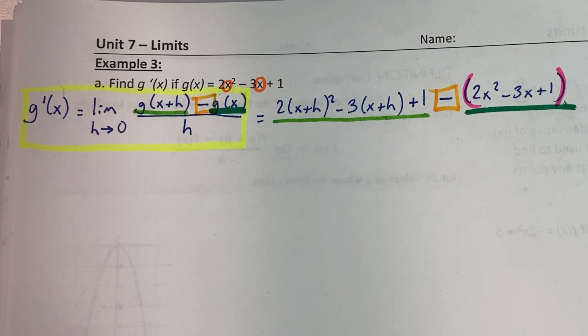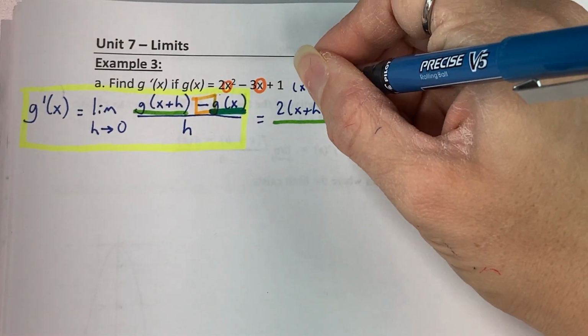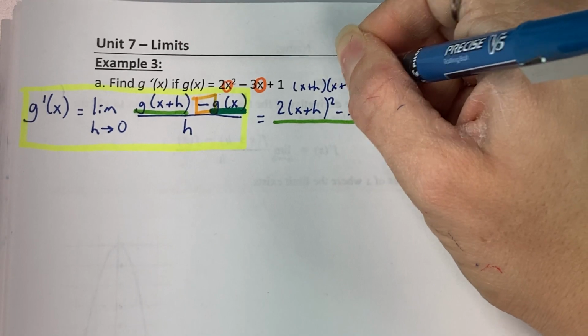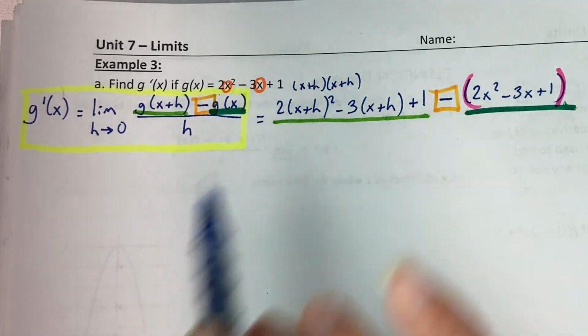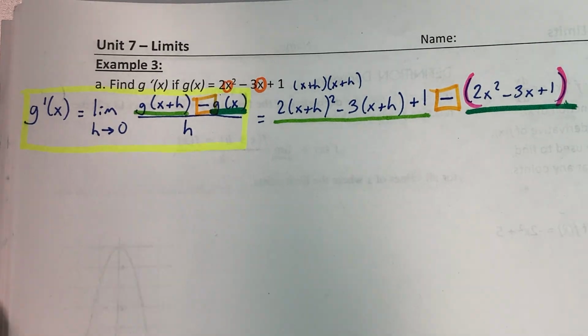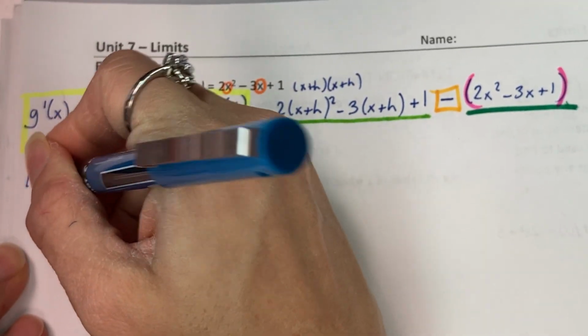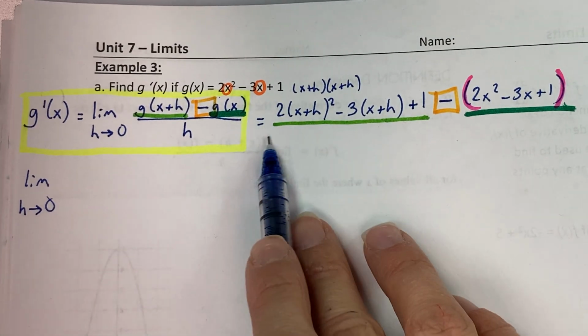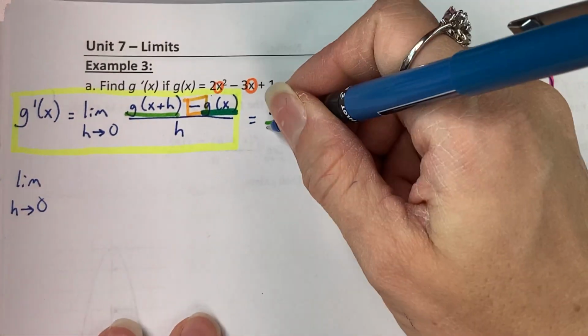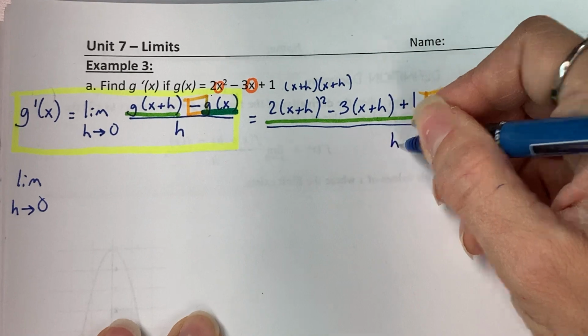So now we're ready to start simplifying. So x plus h times x plus h, and remember folks, when you have an xh plus another xh, you have 2 xh's. And anytime you drop down to the next line, you're going to have to include that limit notation. So in calc, they make you do it after every step of the work, but here we are just going to do it every time we drop to a new line.